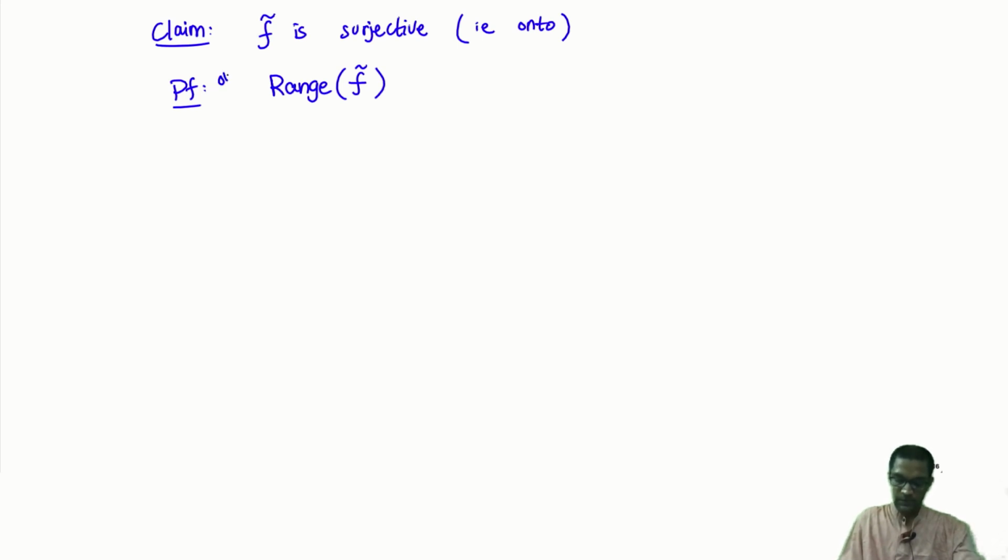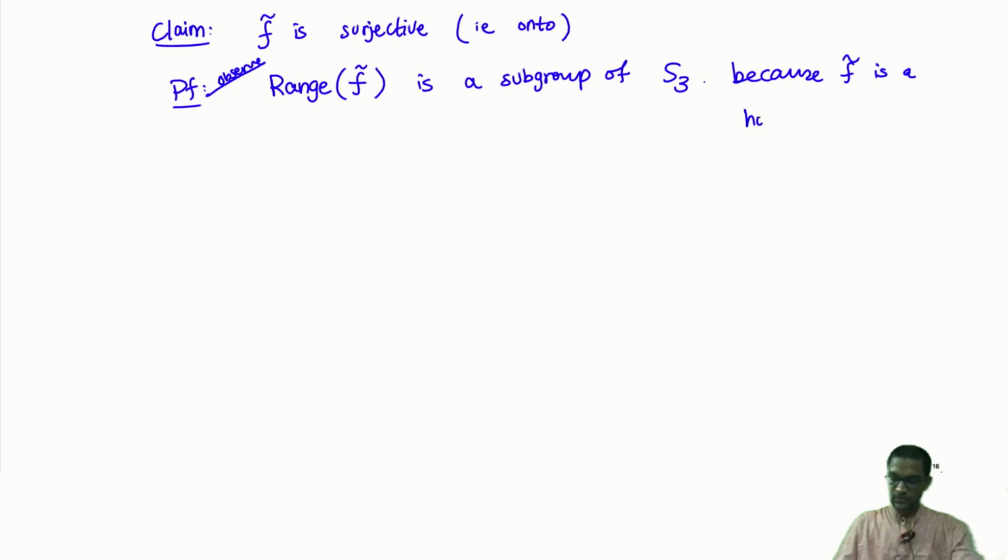Because F tilde is a homomorphism, the range of F tilde is a subgroup of the group on the right, the codomain. The range of a homomorphism is always a subgroup, a simple exercise if you haven't seen this before.